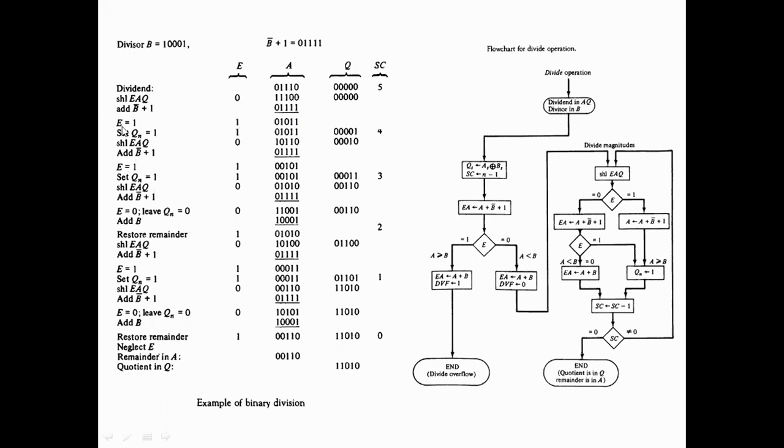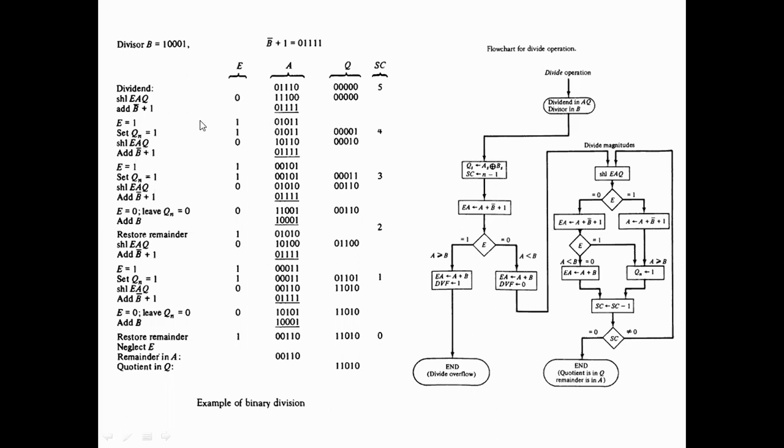So then I have to check E. If E here is 1, obviously this is 1, then I have to do this thing here. The flowchart says that if E is 1, then put Qn equal to 1 and again iterate. If E is 0, then put Qn as such, but do this addition and iterate.